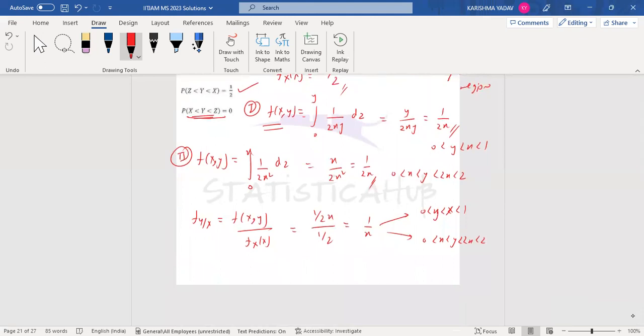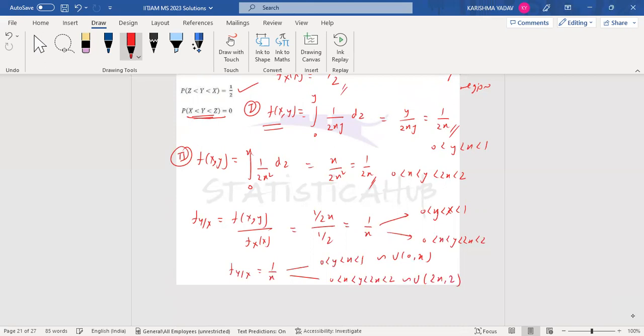Now look at this very carefully. f of y given x equals 1 by x for the first region, 0 less than y less than x less than 1, and for the second region, 0 less than x less than y less than 2x less than 2. Now I see that the first is following uniform 0 comma x, and the second region is following uniform x comma 2x.